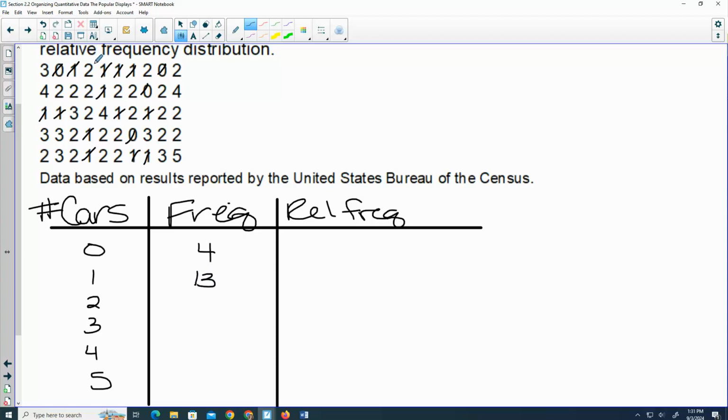Let's go and count our 2s. They're so close together. You guys get 22 2s. 3s. 4s.